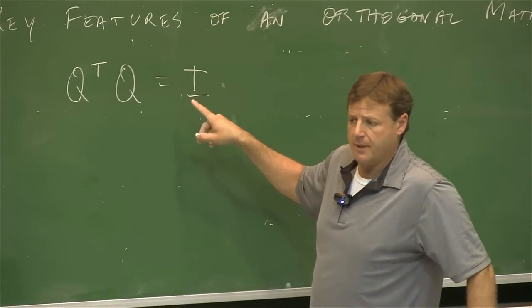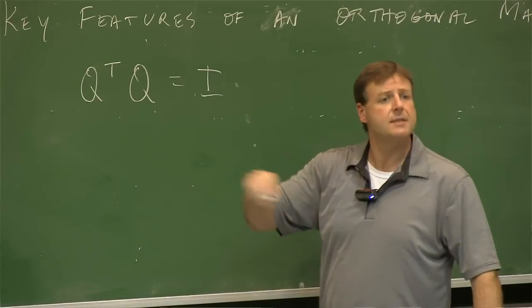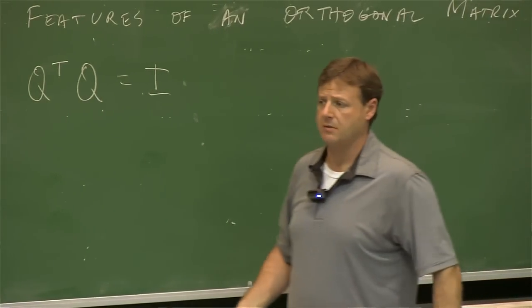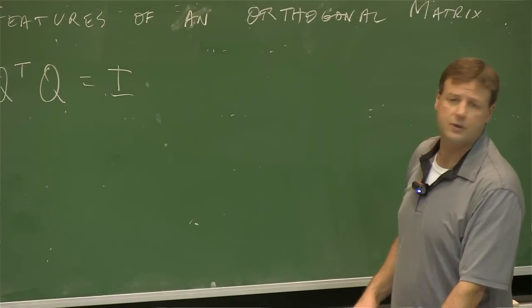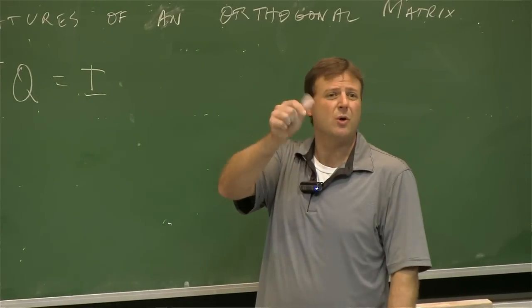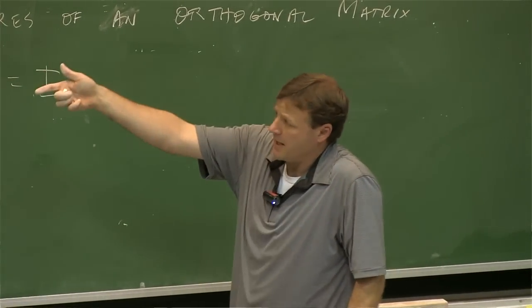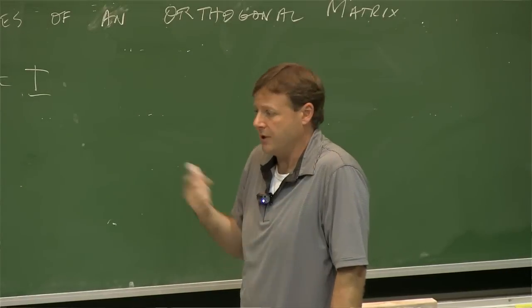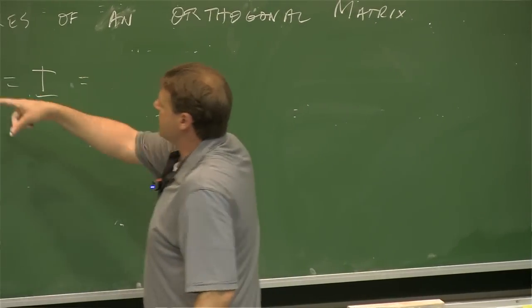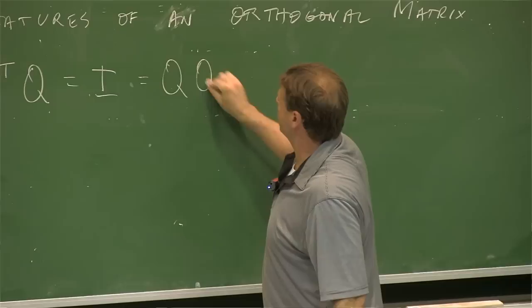So it's a really special matrix, because what that says is that the transpose is actually its inverse. That usually is not the case, right? Transpose is just switching the rows and the columns. Turns out with this kind of matrix, if you just switch the rows and columns, you end up with its inverse. And it doesn't matter which order you do this either.